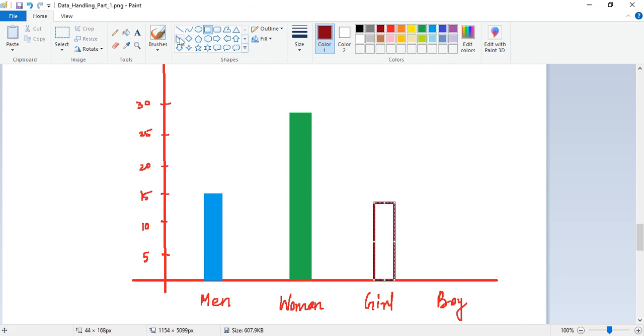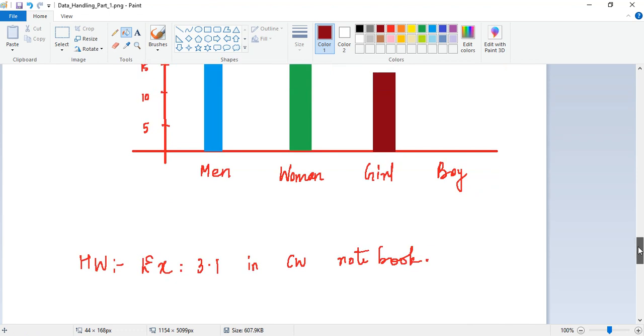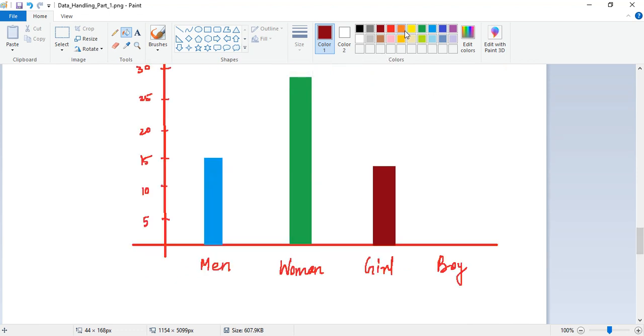Okay. So like this. And then next is boy. Boy is 5. So I can draw a boy as 5, this one. Okay, like this.